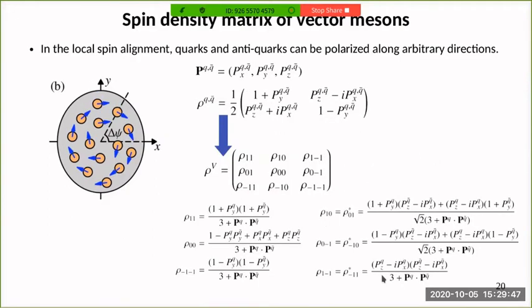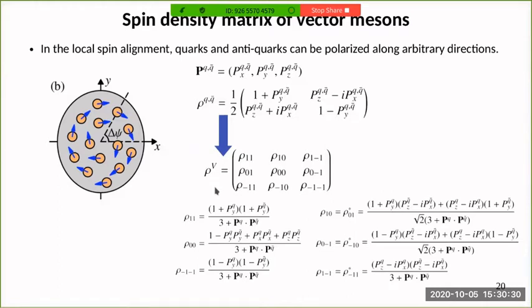However, in the local spin alignment illustrated by this picture, quarks and antiquarks can be polarized along any direction. So the polarization vector has 3 non-zero components, and the off-diagonal elements are non-zero. Using the same method as on the previous page, one can obtain the spin density matrix for the vector meson from the spin density matrix for quark and antiquark, and the result is written down here.